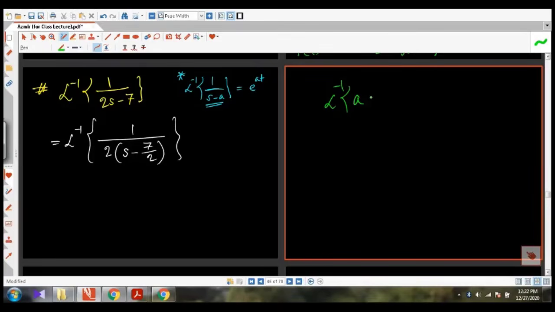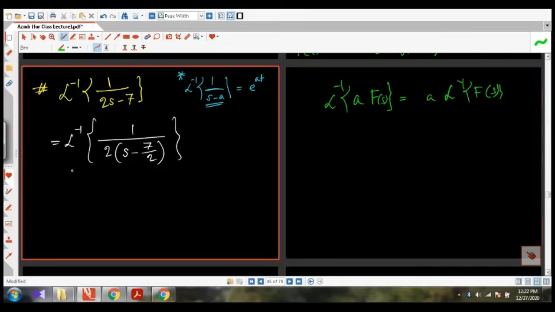Suppose we have inverse Laplace of A f of s, then it will be A times inverse Laplace of f of s. I am writing in shorthand. Here our constant term is 1 by 2, so let's bring 1 by 2 before the inverse Laplace operator. So we have 1 over s negative 7 by 2.